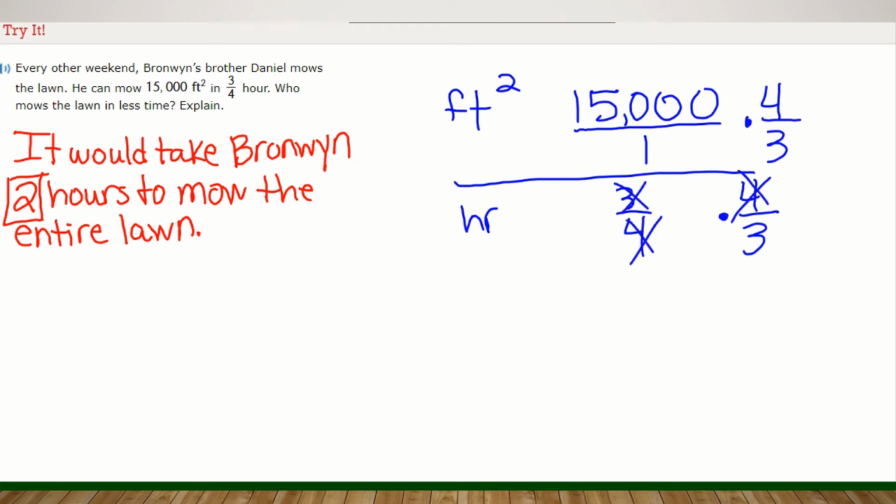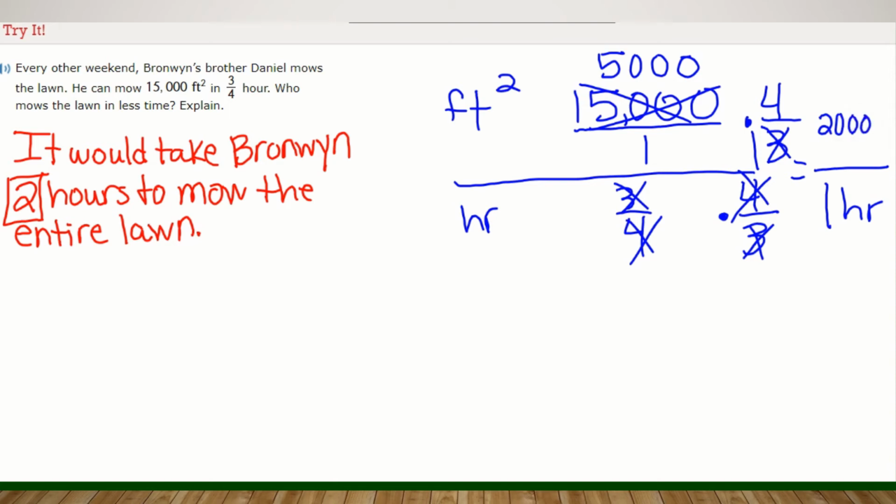Now I need to cross simplify. I know in my denominator it will be 1 hour. If I cross simplify up here, this 3 becomes 1, and 3 goes into 15 5 times, and then you add your other 3 zeros. So I multiply across, 5,000 times 4, and it will be 20,000 square feet.